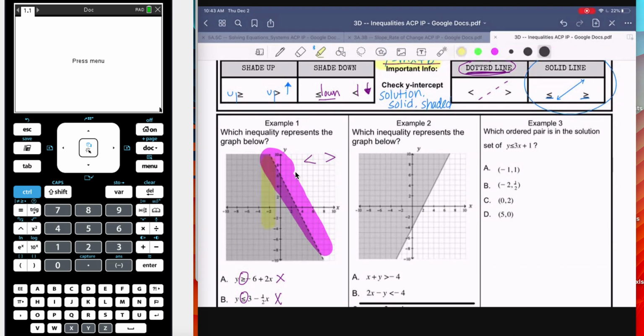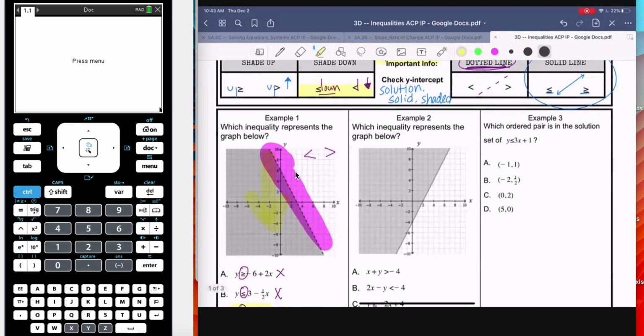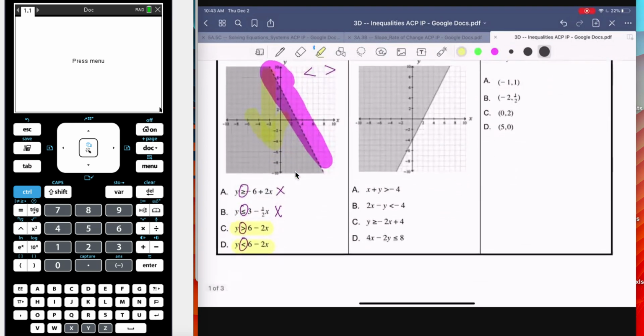And it is actually shaded down. So I'm looking for the sign that looks like less than, or makes a D. C is going to be up and D is going to be down, or less than. So my answer would be D.